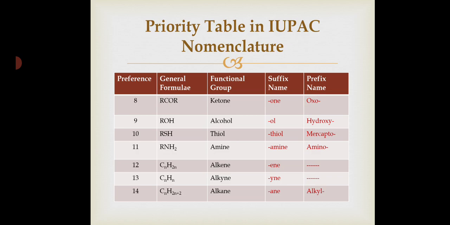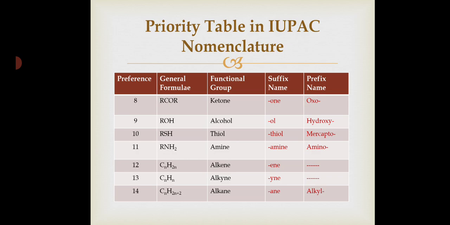Amine: the suffix name is amine, but as a prefix its name is amino. Alkene and alkyne have no prefix name. They always come as a suffix name. Alkane, if it is a suffix, its name is ane, and when it is a prefix, it comes as an alkyl group.